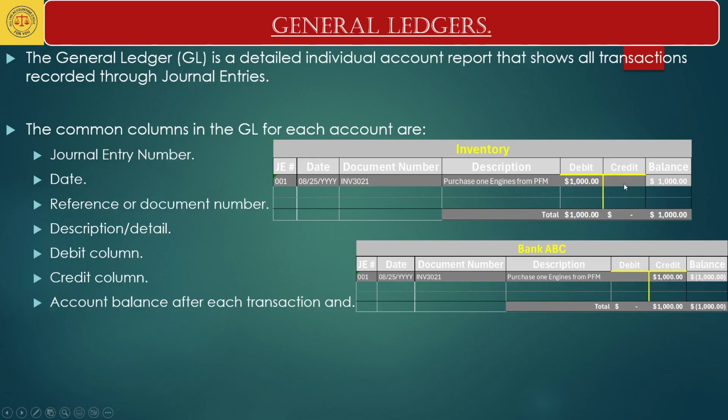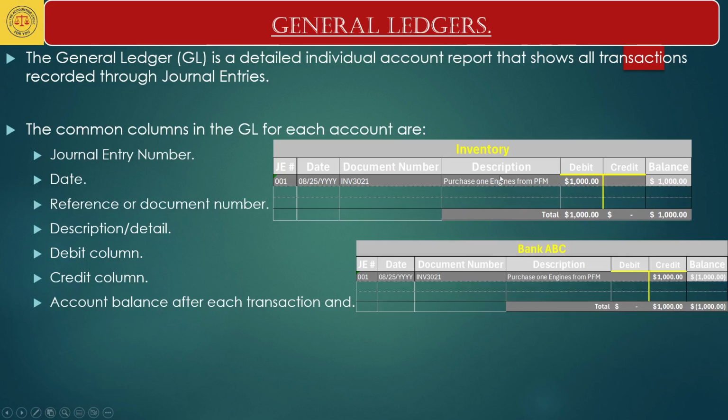So if we put $500 here, my balance is going to be 500, because my total here can be 1,000 and here 500. So my balance is going to be 500.